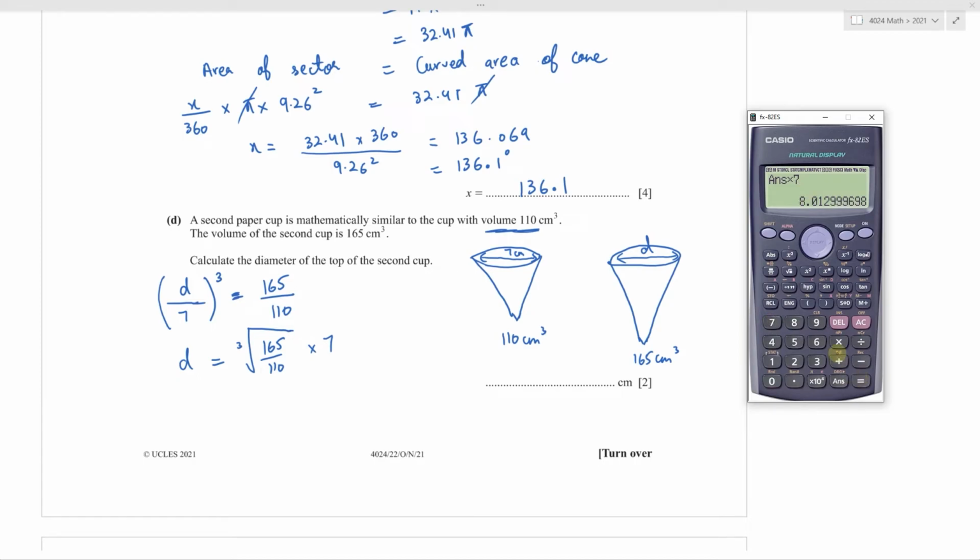So your answer is 8.01. Diameter is 8.01 centimeters. So this is the diameter of this other cone, which has the volume 165 centimeter cube. So up till three significant figures, this is 8.01 centimeters.